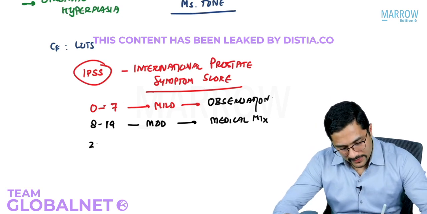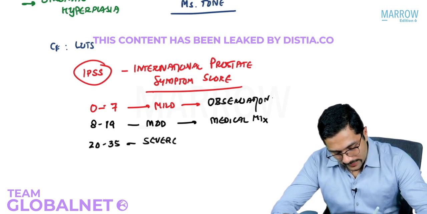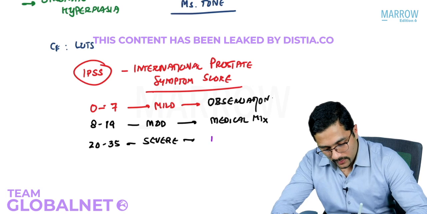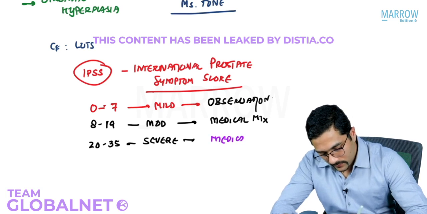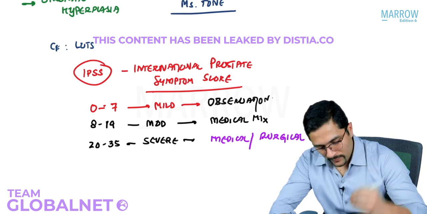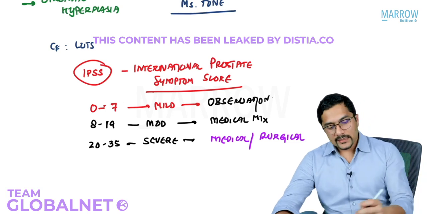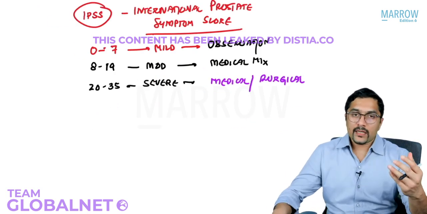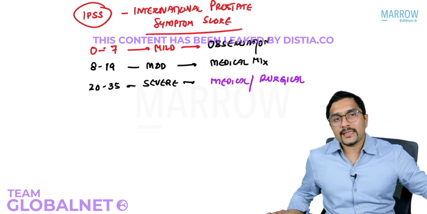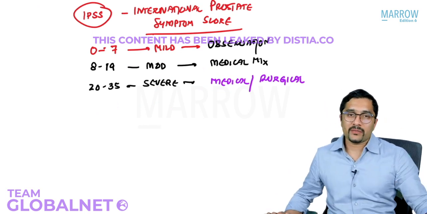And if it is 20 to 35, this is considered as severe, and these are the patients who require both medical and surgical management as well. Okay, so this is just a starting point to assess the patient and to start the treatment. Of course, it can be assessed at regular intervals to also see whether these patients are responding to treatment or not.